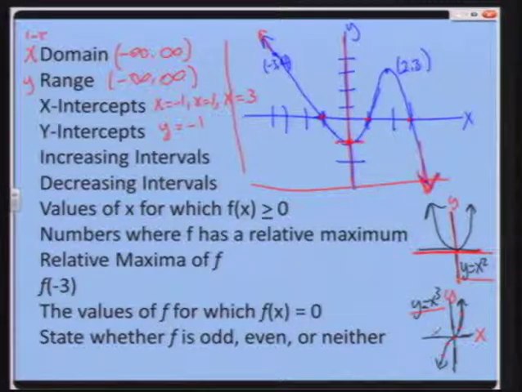Now let's look at increasing. The graph starts up right here until it gets to that point. Now remember, we want to talk about the x's here. Erase that and start again. Our ordered pair right here is (0, -1), and we're thinking about the x's.